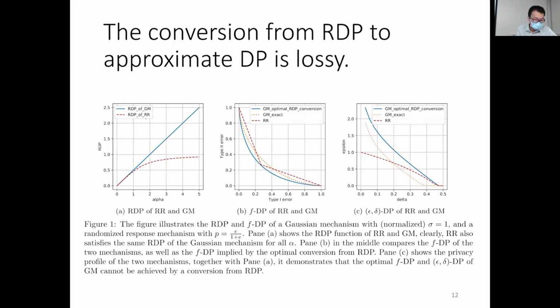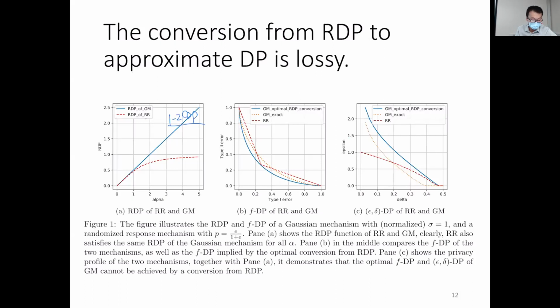So for both the RR and GM, when their parameters are chosen carefully, they satisfy one ZCDP, one concentrated differential privacy, or this linear line is the exact Renyi DP of the Gaussian mechanism. So whatever RDP conversion converts the RDP to epsilon-delta DP must simultaneously apply to both mechanisms.